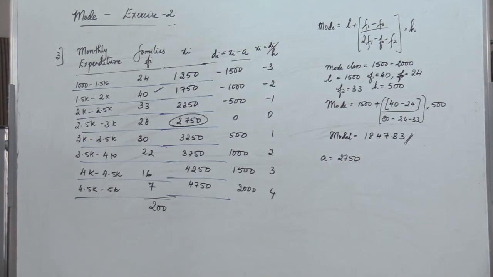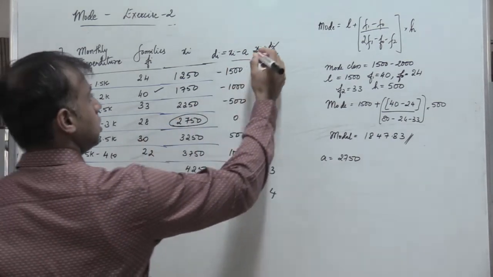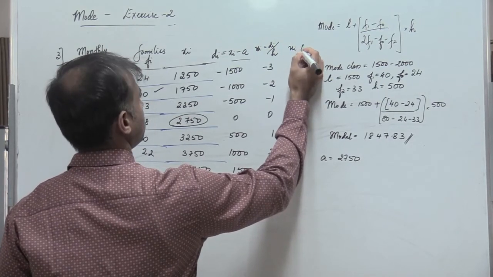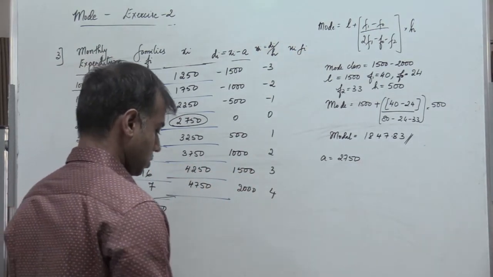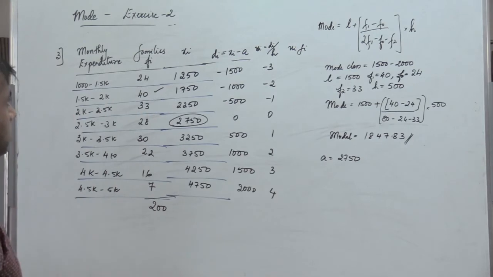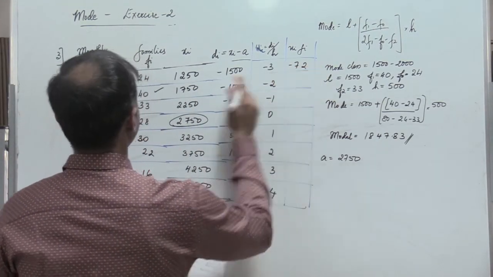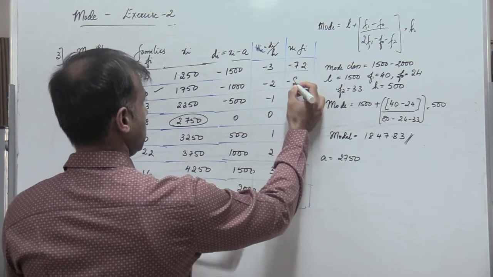So this is ui. Now we multiply ui with the frequency fi. 24 into minus 3 is minus 72. 40 into minus 2 is minus 80.